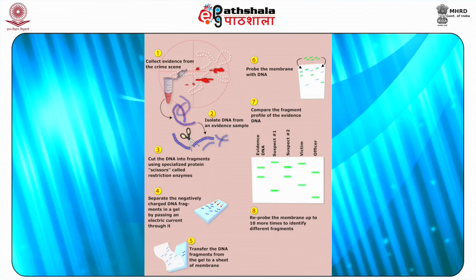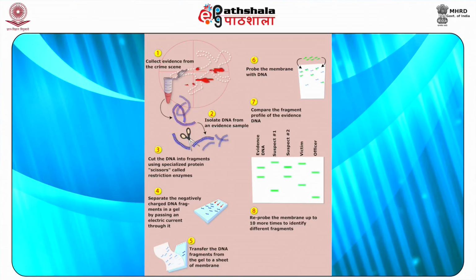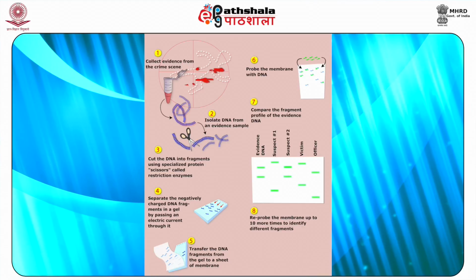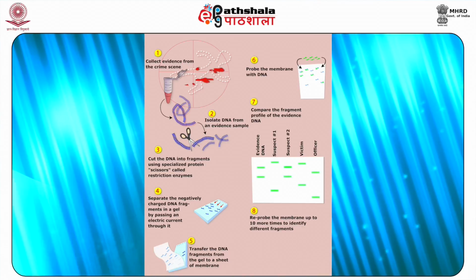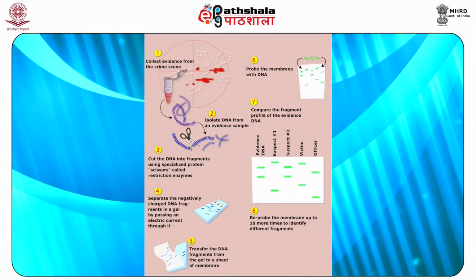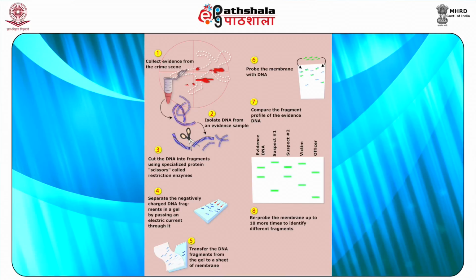The resulting DNA fragments are then separated by length through a process known as agarose gel electrophoresis and transferred to a membrane via the Southern blot procedure.